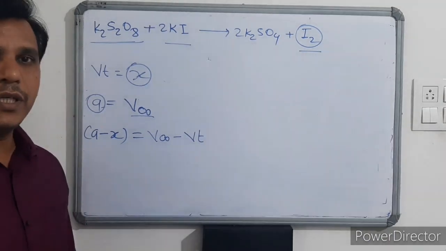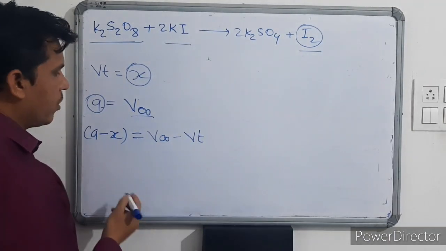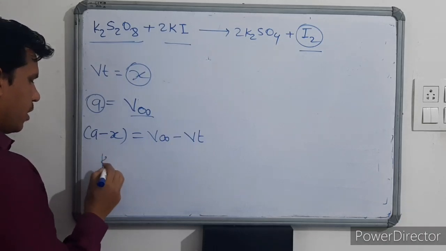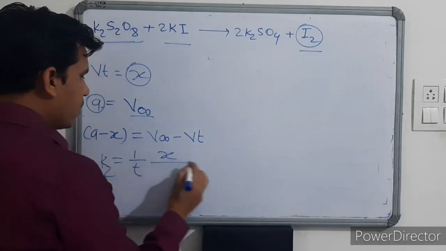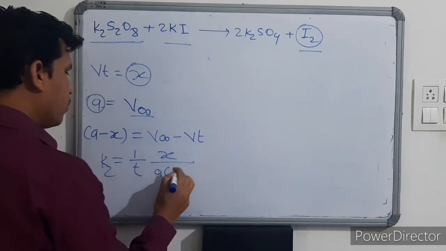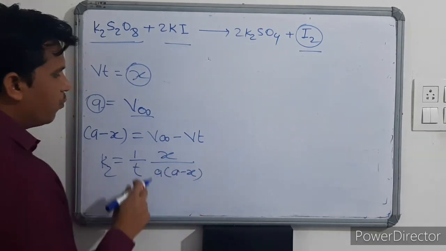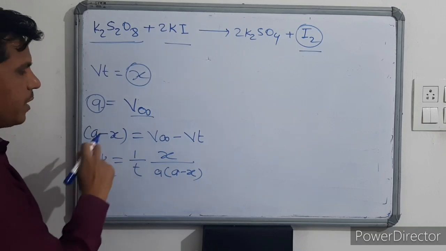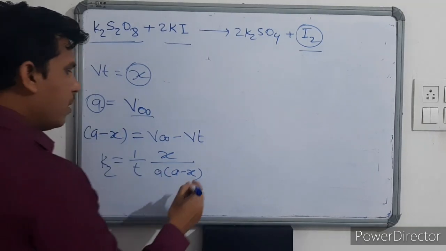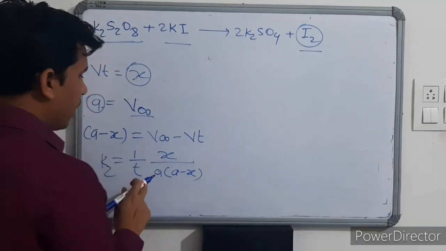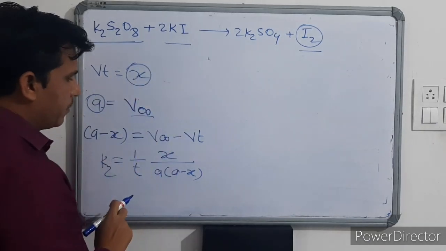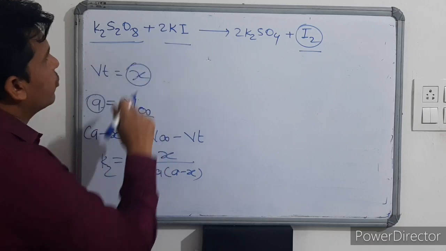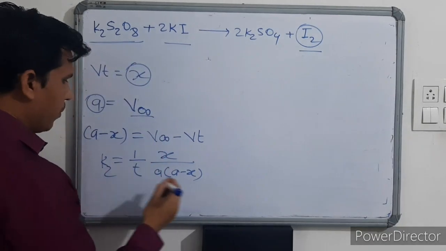Now we know the rate constant equation for the second order reaction: K2 is equal to 1 upon t into x upon a into a minus x. Now put the values of A, X and A minus X in this equation and we get the rate constant equation for this reaction, that is the reaction between potassium persulfate and potassium iodide.